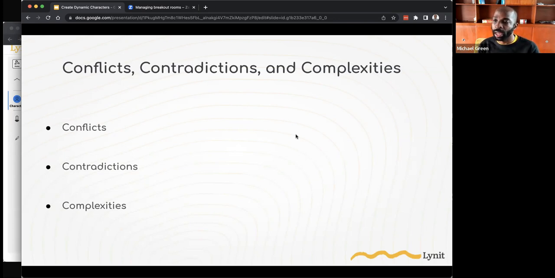How can you add conflicts in terms of just their general beliefs? How does the belief of one character conflict with another, or contradict another, or add complexity to another character? So it can be within characters, but also among characters, these conflicts, contradictions, and complexities, which just adds richness to the whole cast.